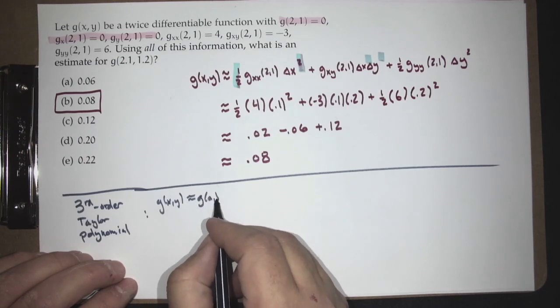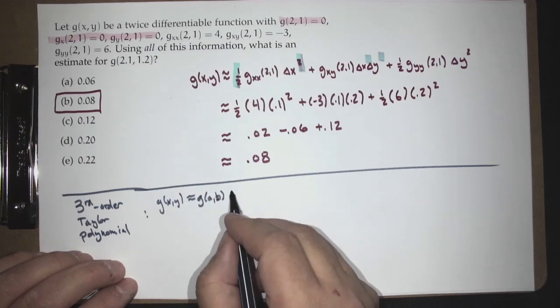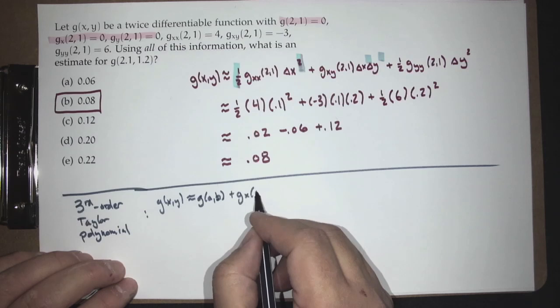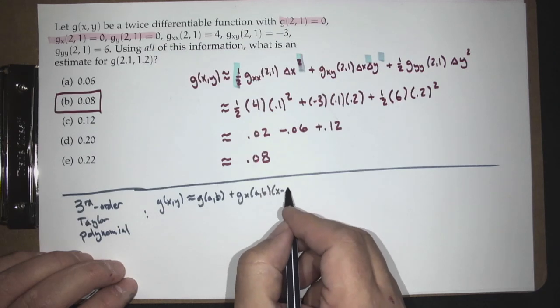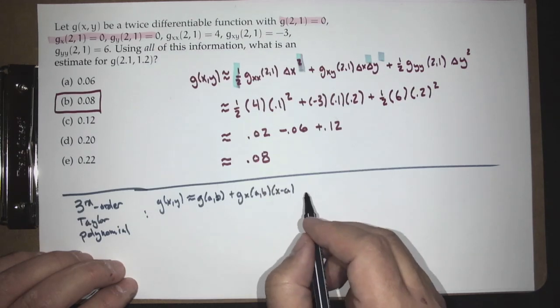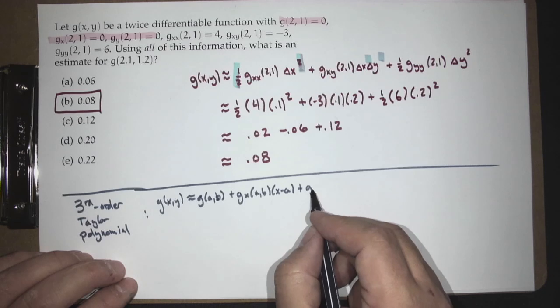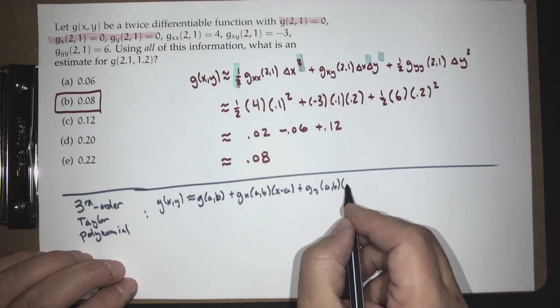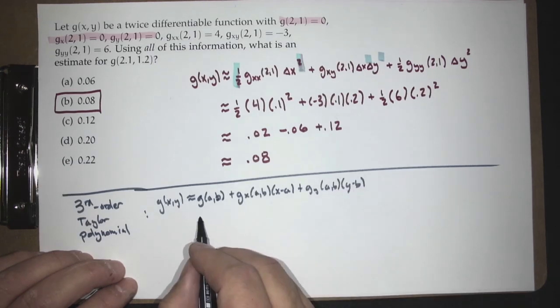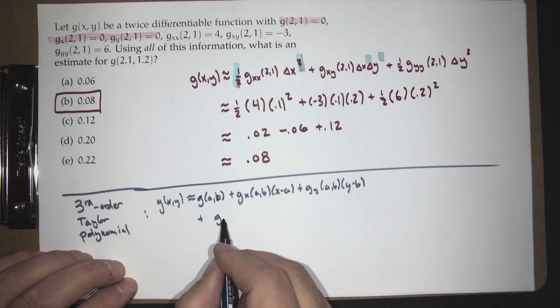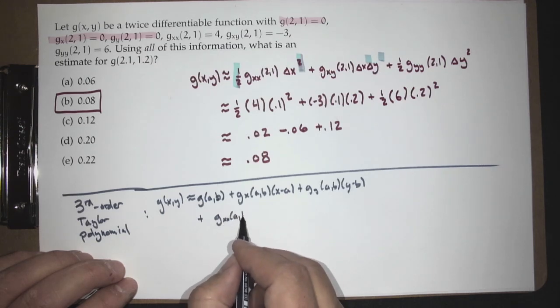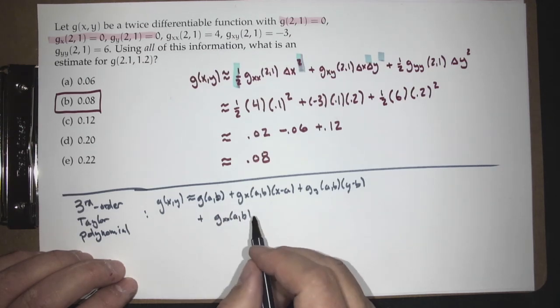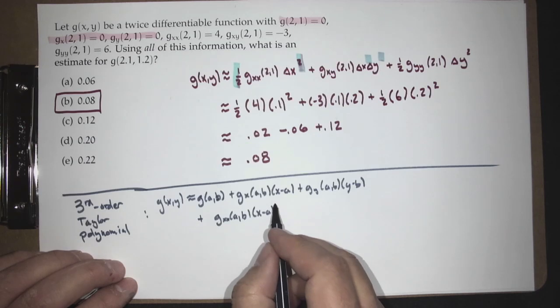The 0th order term, the value of the function. The 1st order term, the value of the derivatives: g sub x of (a,b) times (x minus a), g sub y of (a,b) times (y minus b). Then we go into the 2nd order term. So g_xx of (a,b), I know, don't worry, I left a suspicious gap there, times (x minus a) squared.